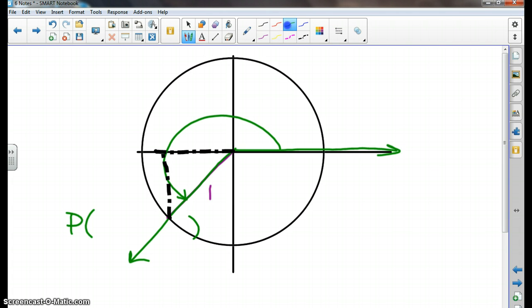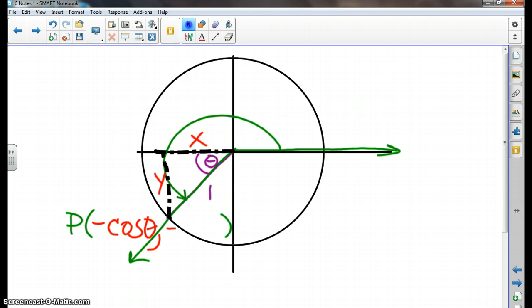And what I would find in this particular case, again, keeping in mind that theta is still the same size as it was in all the other angles, is that x is moving to the left, therefore x will be negative. But in this case, y is also a negative number because it's moving to the south. So the point named P right here would be a negative value for cosine, and the point named P right here would be a negative value for sine.